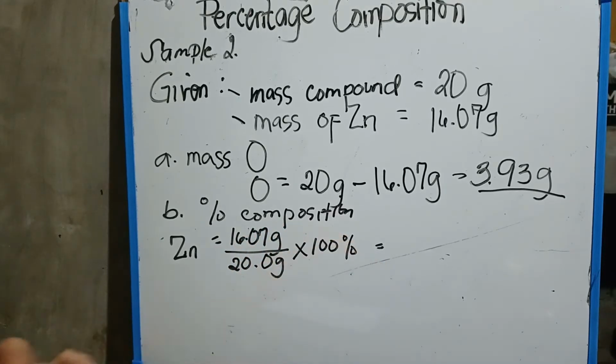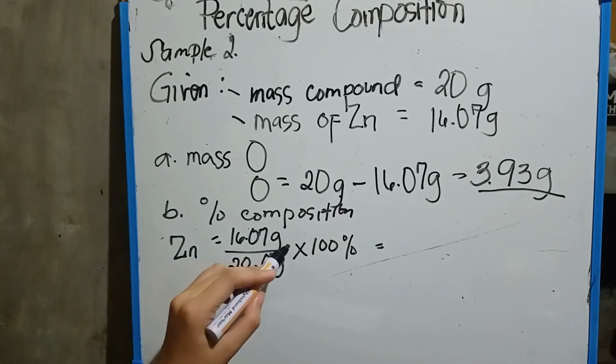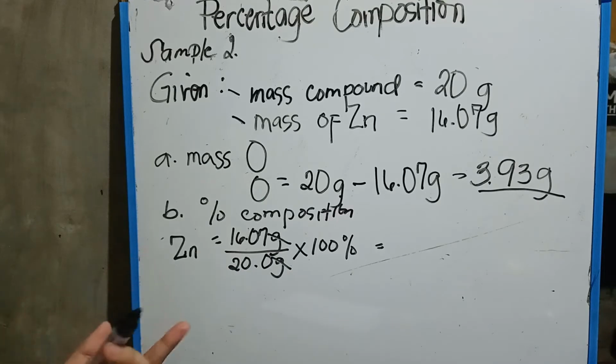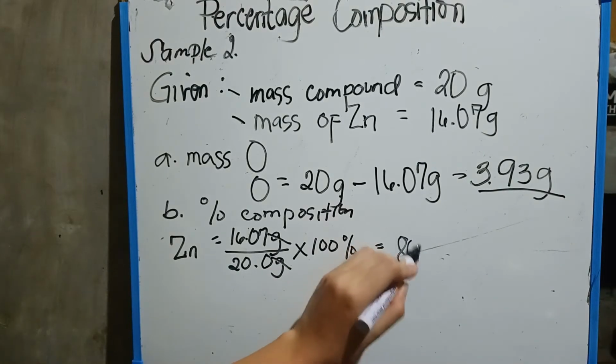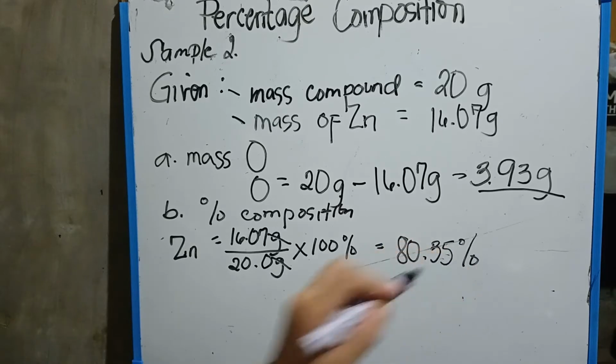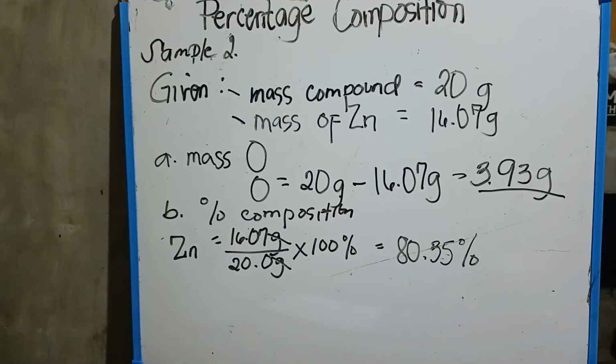Just like example number 1, we need to omit the like units. So 16.07 divided by 20 multiplied by 100. The grams cancel out, so the answer is 80.35%.